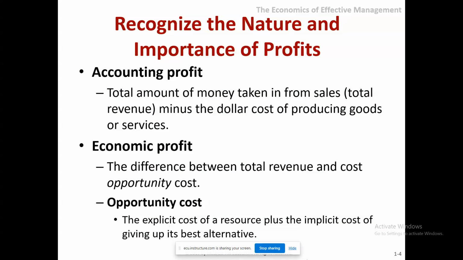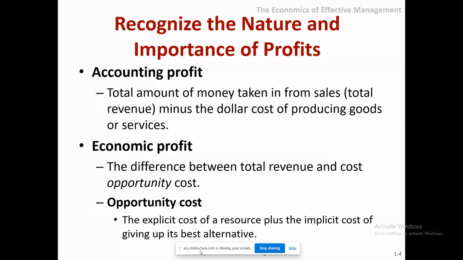Other than those self-owned resources, you also hire workers, purchase cloth, and pay for utilities to produce t-shirts for sale, and those resources are not owned by you. You must pay to obtain and retain them for your business operation. Those are called non-self-owned resources.